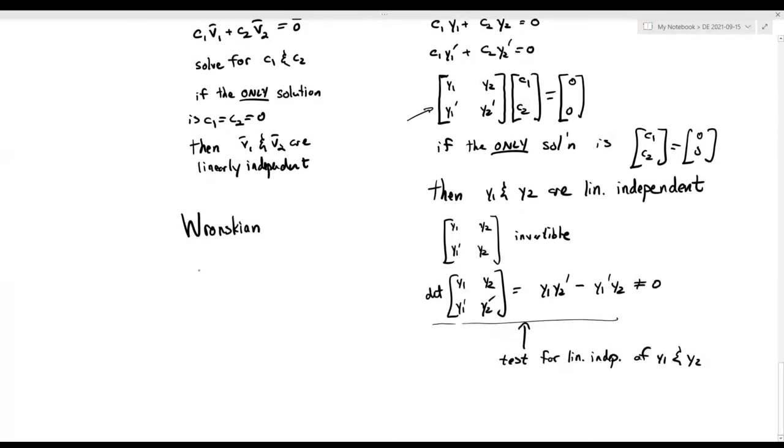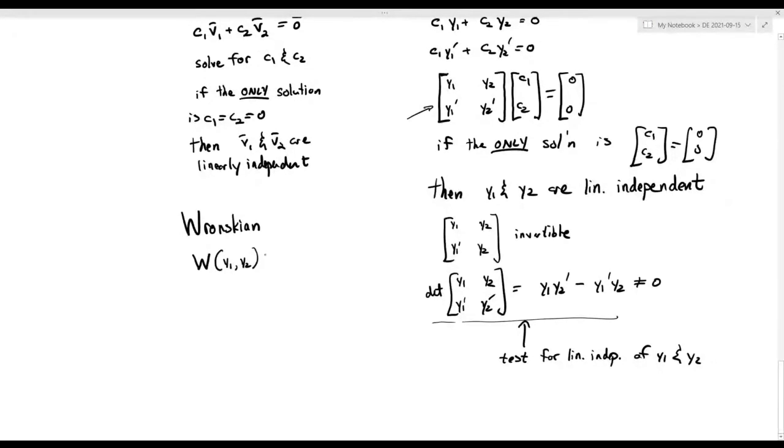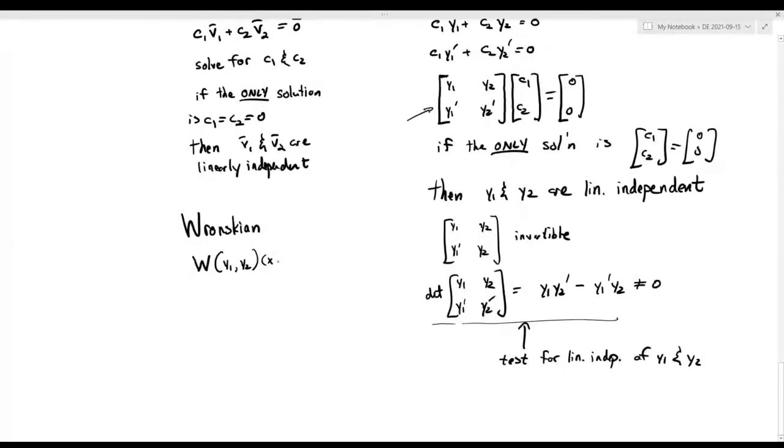So the Wronskian of two functions of x. Let's just make that explicit.